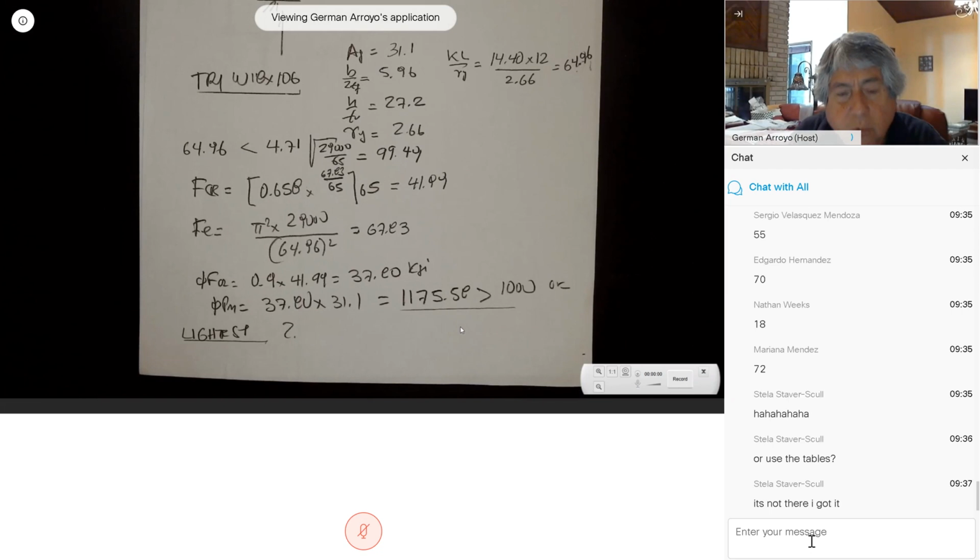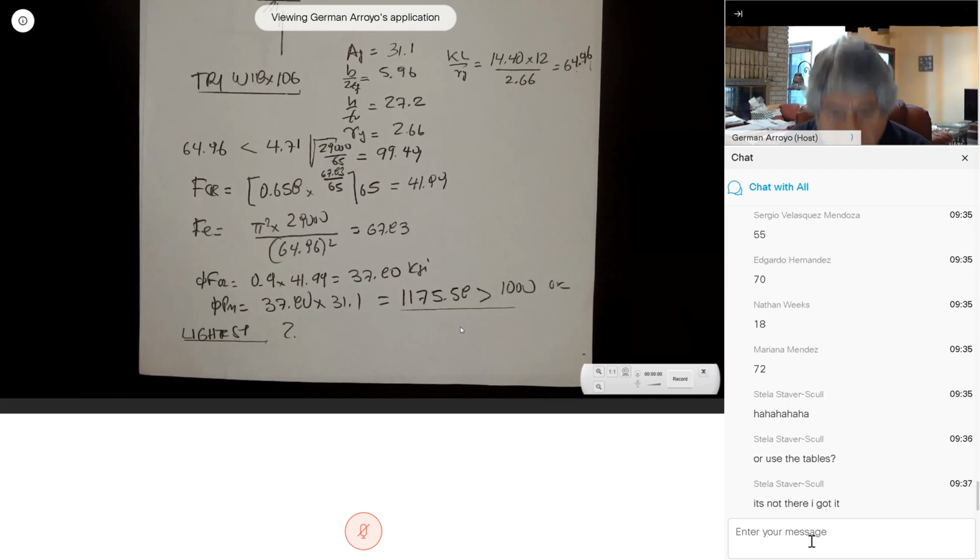Which one is the next one that I need to check to make sure that this is the best section or is not? I go to chapter 1, which is the next W18 by what?